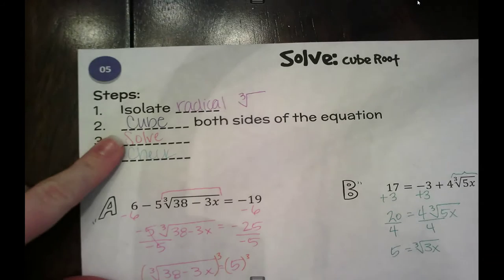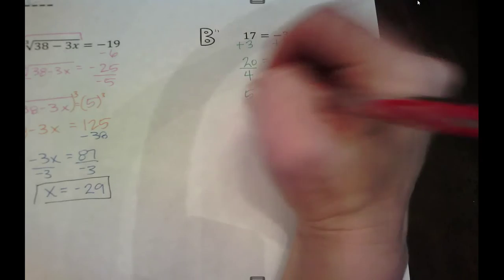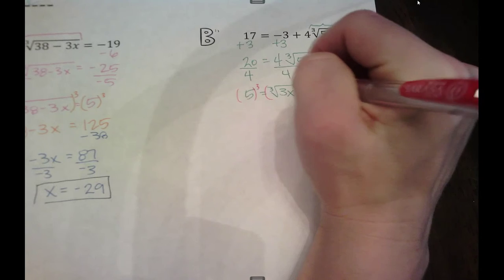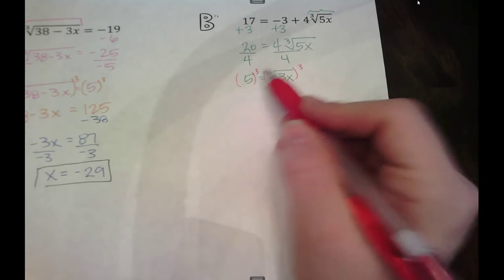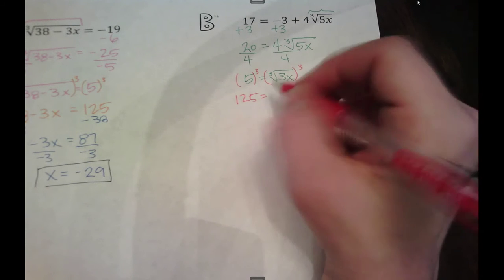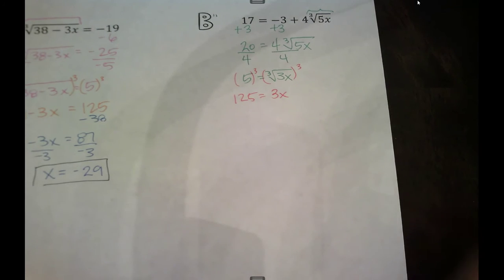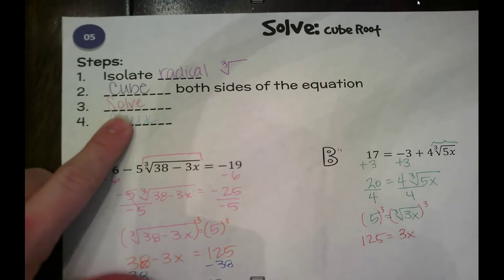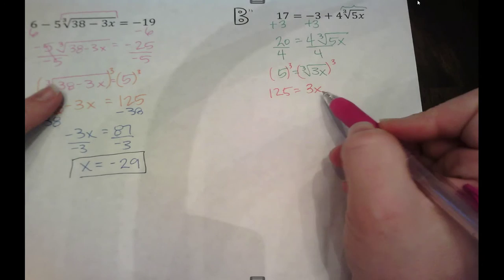All right, second step, cube both sides of the equation. Cube, again, 5 times 5 times 5, it's 125. Whenever we do this, the whole point is getting rid of that radical, and we're just left with what's inside. So 5x. Now I can move on to solving, getting the variable by itself.